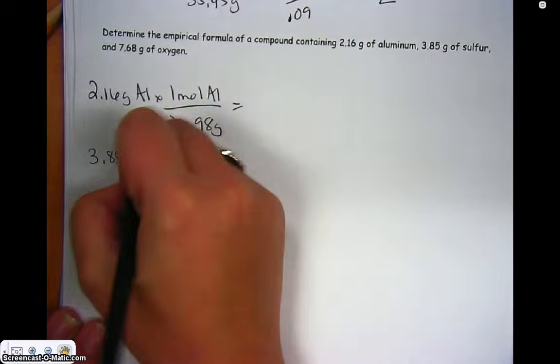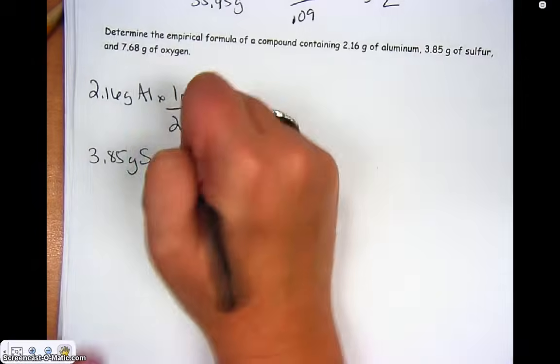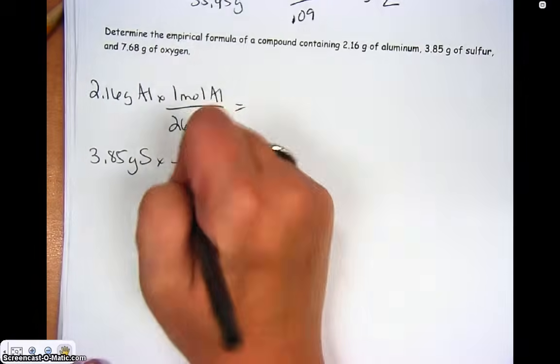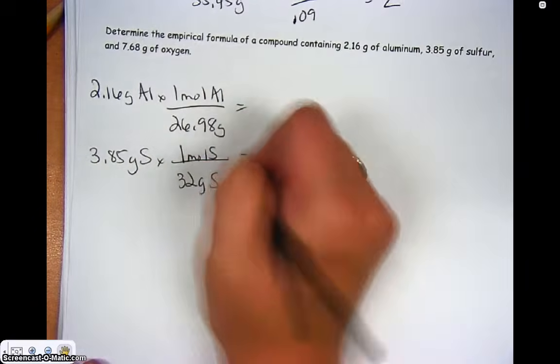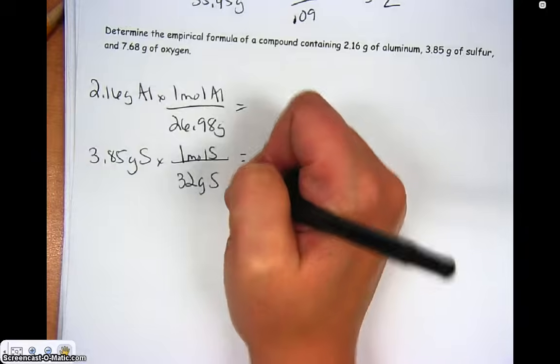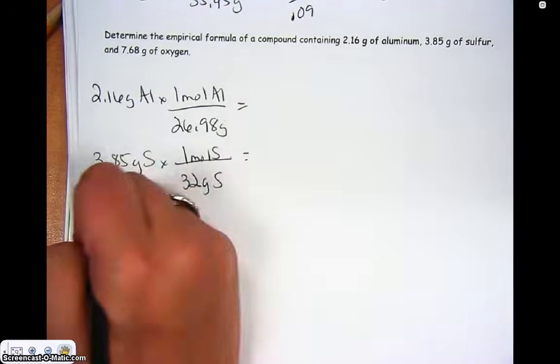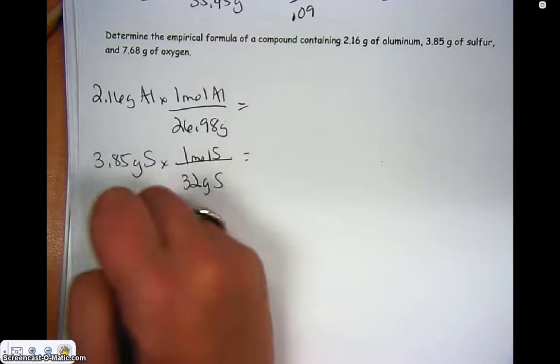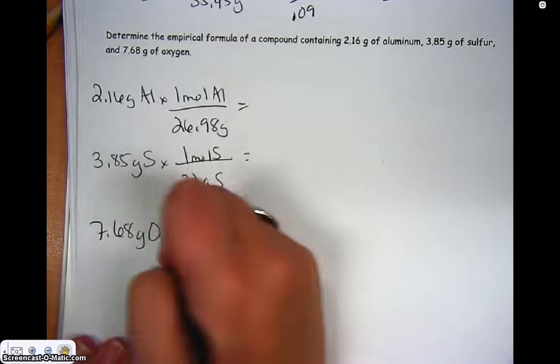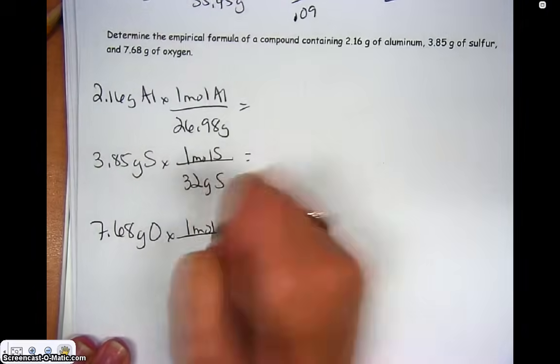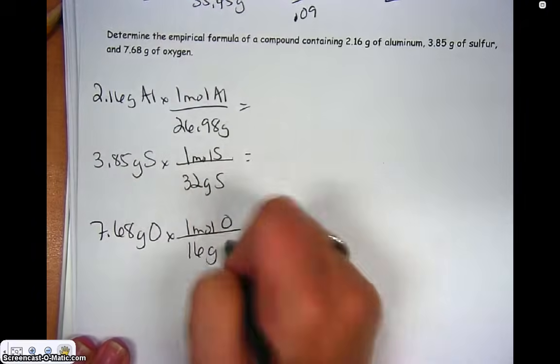3.85 grams of sulfur. 1 mole of sulfur is 32 grams of sulfur. Again, I'm just getting these values from the periodic table. I've just done this so many times that I know what they are. Then 7.68 grams of oxygen, and 1 mole of oxygen is 16 grams of oxygen.